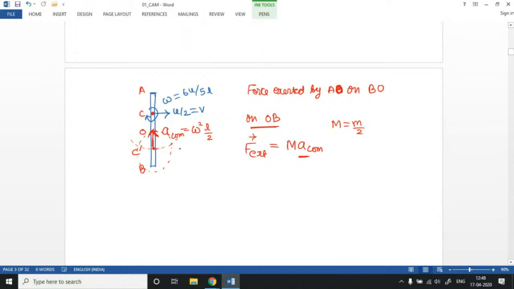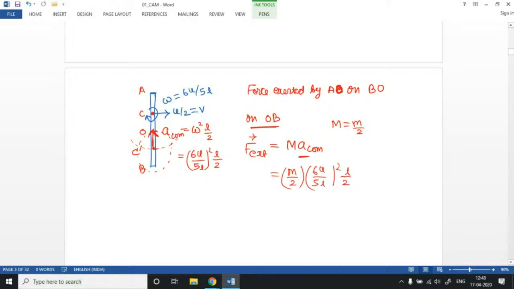And omega square L by 2, omega we already know, so that is (6u by 5L) square into L by 2. So ACOM we have already got, and the force would be simply mass, that is m by 2, times the acceleration, that is (6u by 5L) square into L by 2.